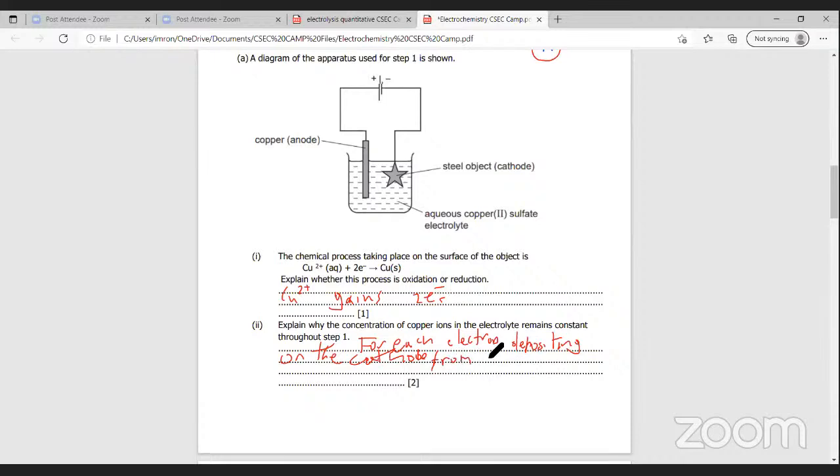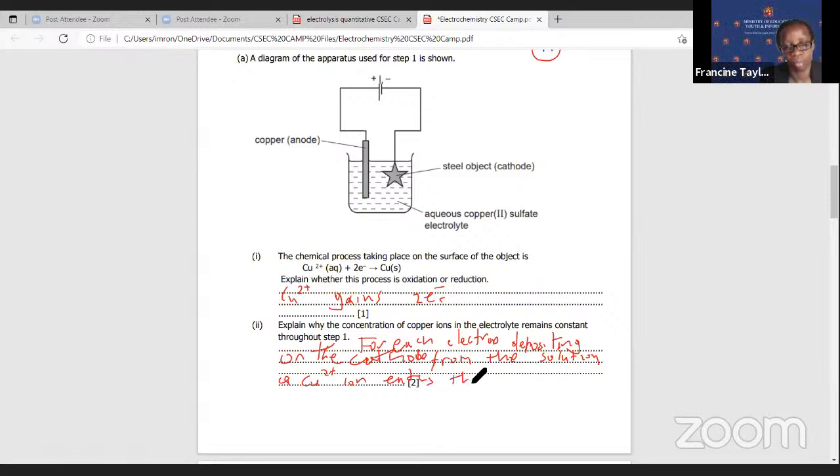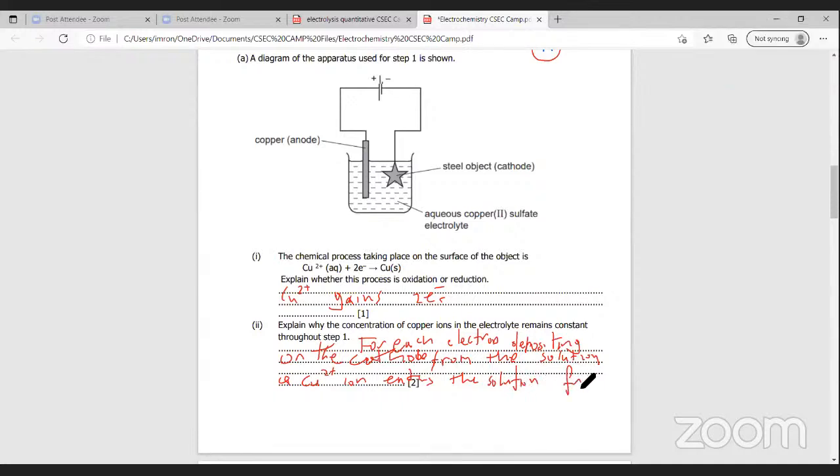From the solution, enters the solution from the anode.